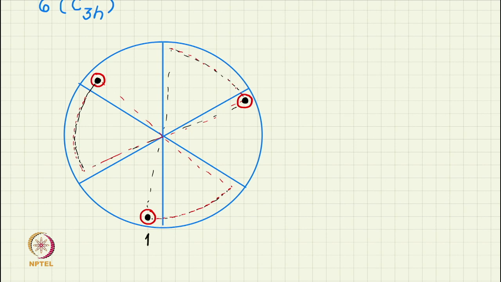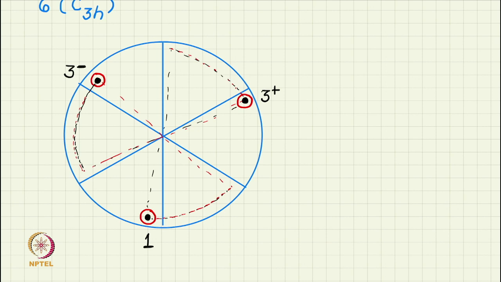Let us note the operations. So we can see that I have 1, and these other black dots can be related to 3 plus and 3 minus, because they are of the same handedness and they are 120 degrees away. And the 3 red circles: just one below the equatorial plane, below 1, is of changed handedness and is exactly below 1.